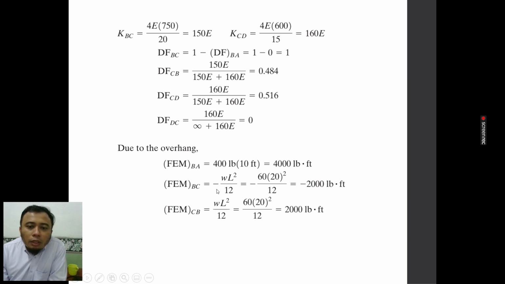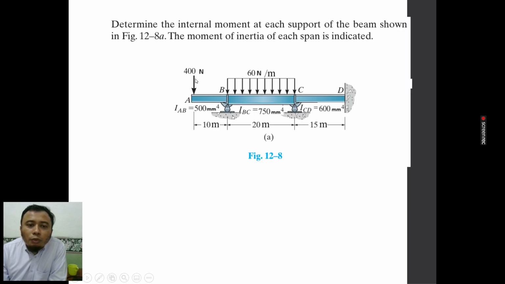And then you need to calculate the fixed end moments. So due to the overhang, fully the moment from 400 will be applied here. So 400 times moment arm of 10.